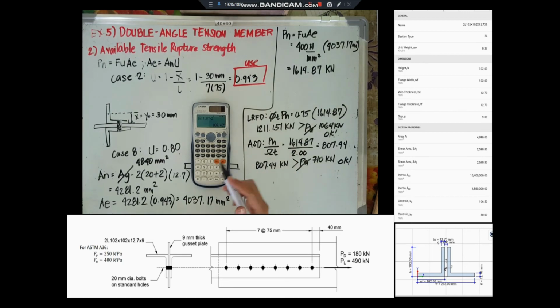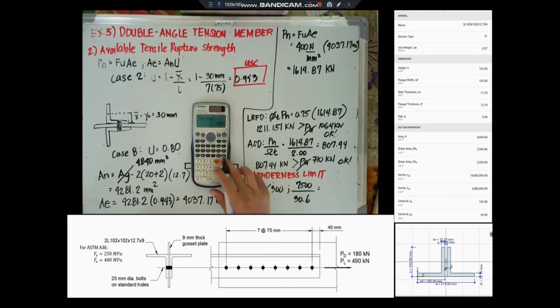And for the last requirement, we will determine the slenderness limit. This is easy. So, L over r, the total length of the member, divided by the radius of gyration along X. So, our radius of gyration is equal to 30.6.